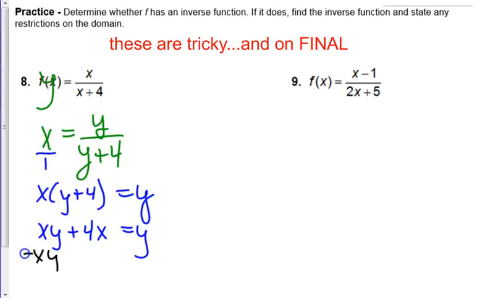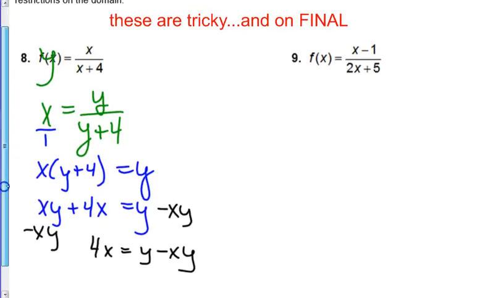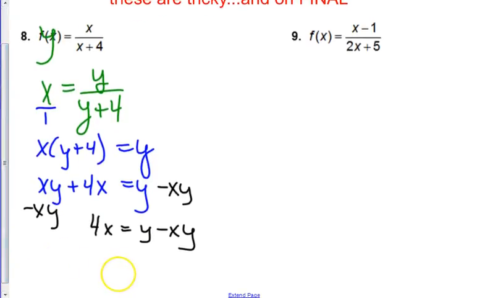So the way I have it written, I think it would be easier to subtract an xy over there. So I would have 4x equals y minus xy. Does anybody see what we need to do then? We need to factor out the y. That's the trick, you have to factor on all of these. Factor out the y.